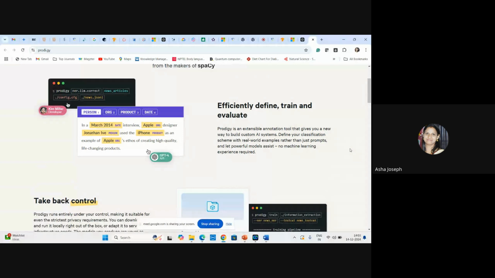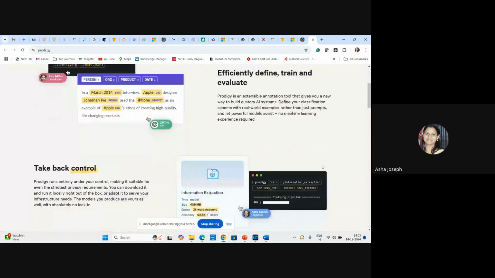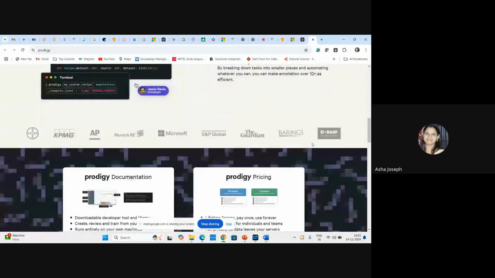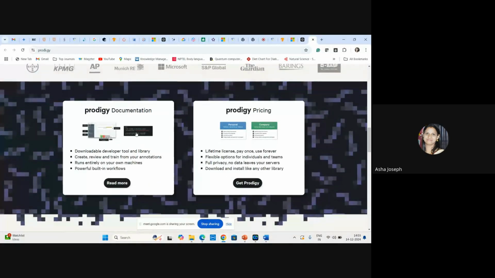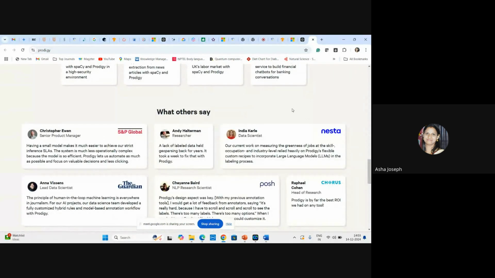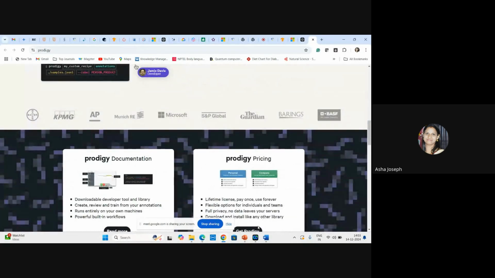It's an extensive annotation tool that will give you a new way to build custom AI systems. You can even define your scheme. You can show real world examples. So please make use of it. Please go through it and try to understand. It is very easy to use. So Prodigy will allow you to do the documentation also, and other different tools which are there, you can just go through them.